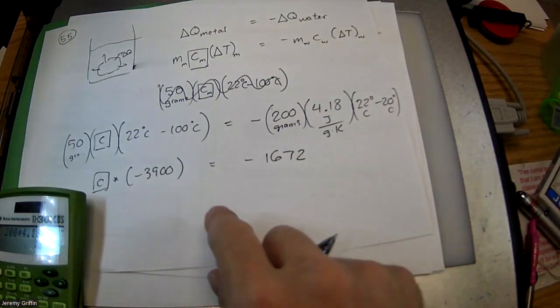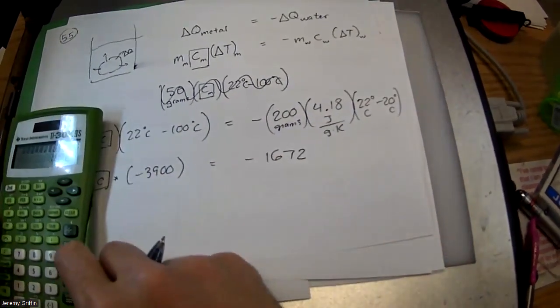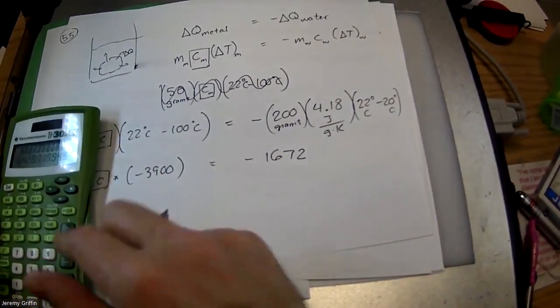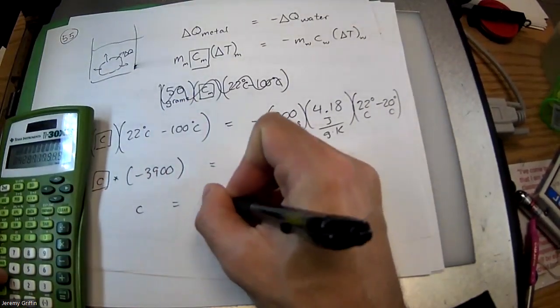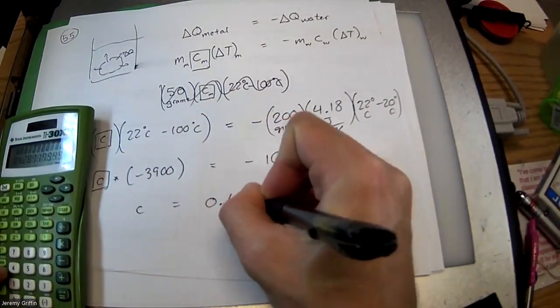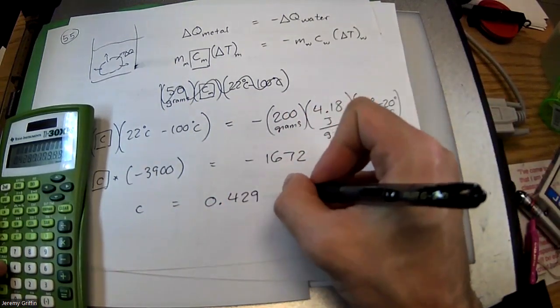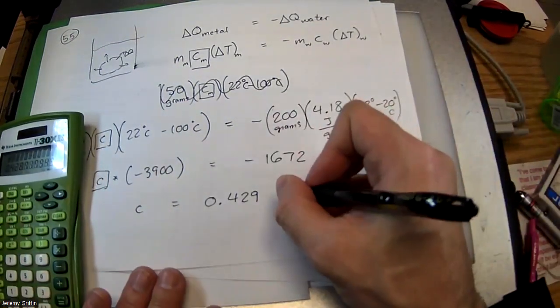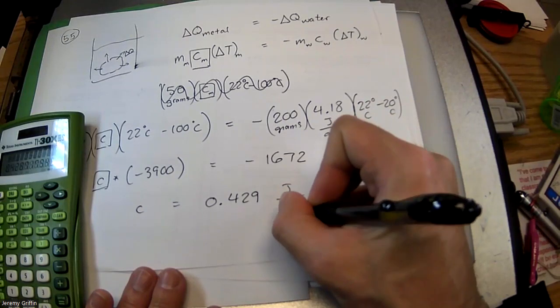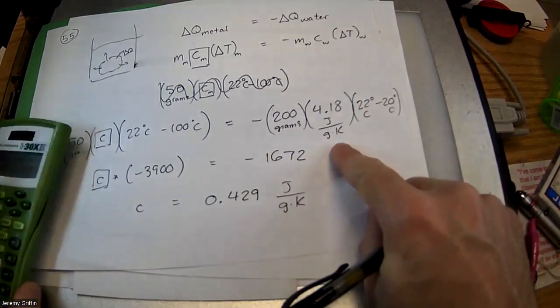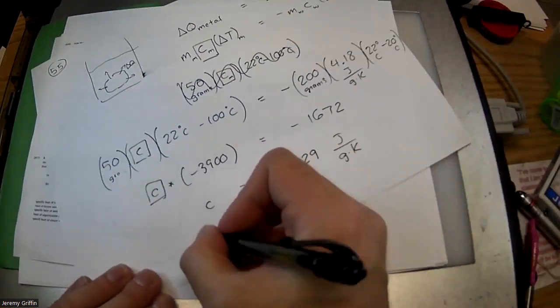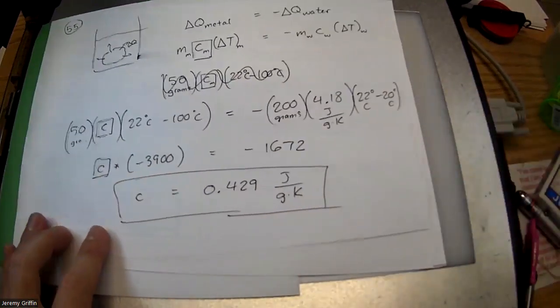So you divide that down. I'm looking at a specific heat capacity of 0.429. And the unit, if I kept track of my units, would have to be joules per gram Kelvin, because this was joules per gram Kelvin. We're doing everything in grams.